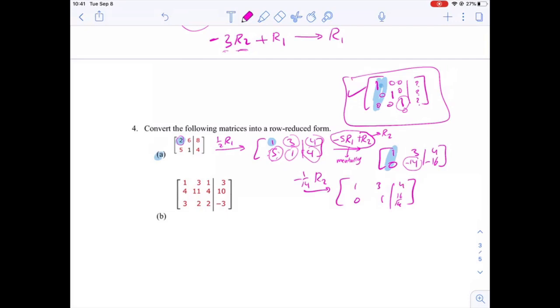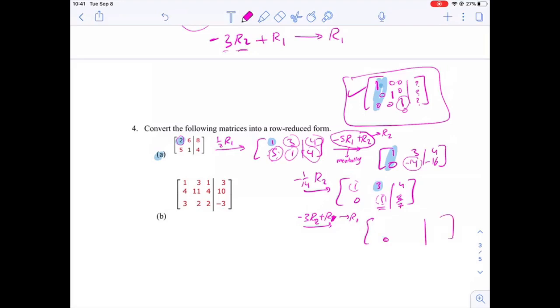But 16/14, if we divide by 2, we get 8/7. Now this is the pivot. Now we need to make this 3 equal to 0. How to do that? We can multiply the second row by -3 and add the result to row 1 and replace row 1 with it.